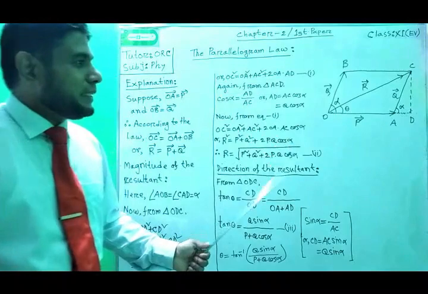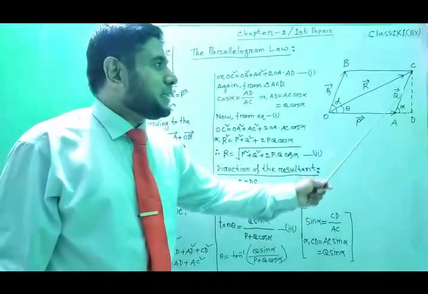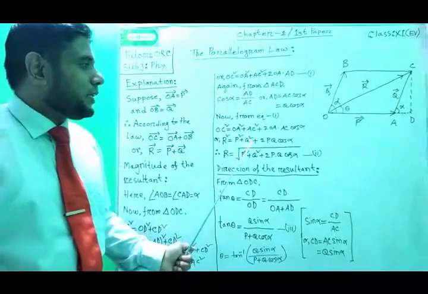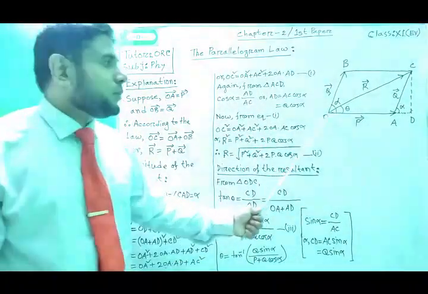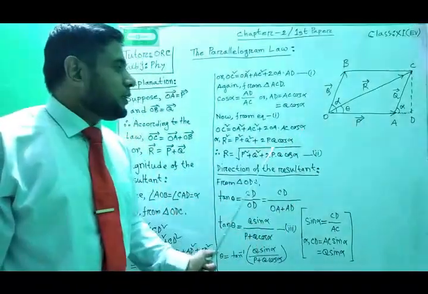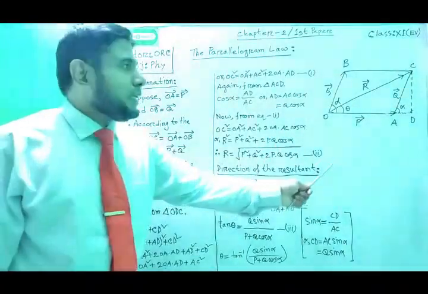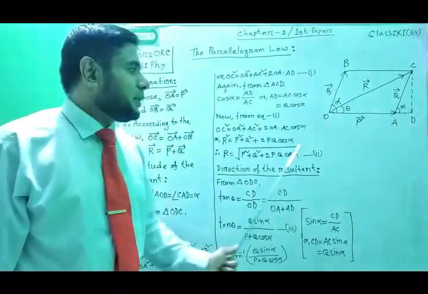Along with AC, vector Q is acting, so we write Q and then square, and for OA we write P, and AC is Q.